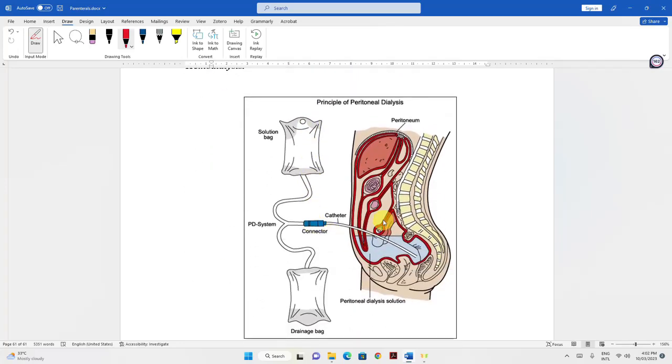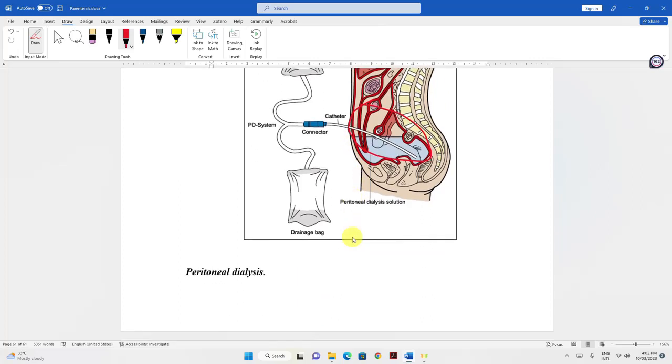The other one is peritoneal dialysis in the belly, taking advantage of the peritoneal membrane, which has blood vessels. So the peritoneal membrane itself acts here as the filtration membrane.